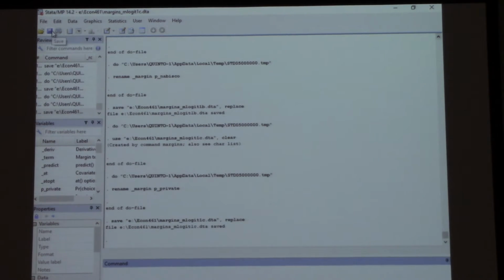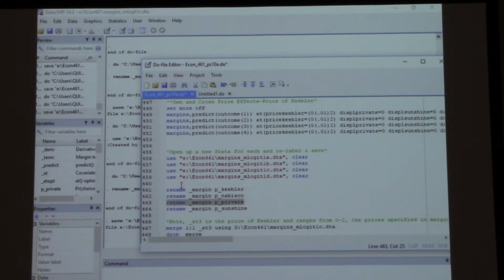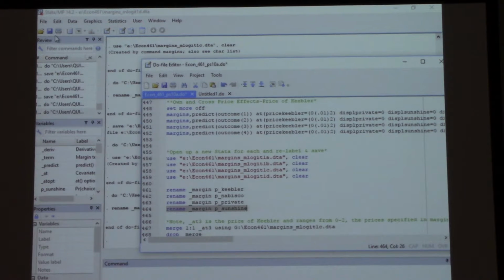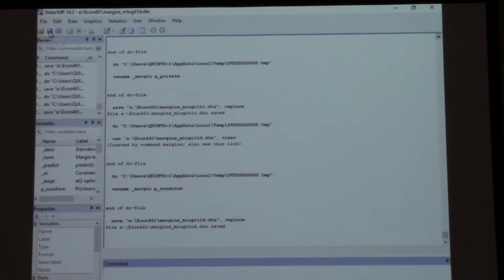Save. Open the final one. I know that's Sunshine. Save my results. All right, so I've got 4 different margins.